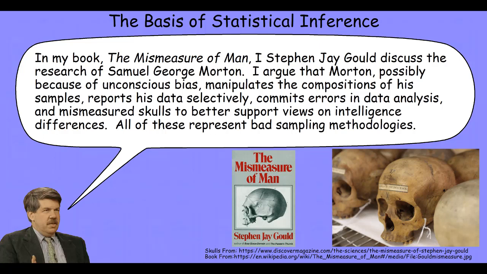He reports that data selectively as well. He commits a number of errors in his data analysis too. And in fact, the entire presupposition of his experiment is a case of bad sampling methodology. He wants to get at intelligence, so he decides to measure cranial capacity.